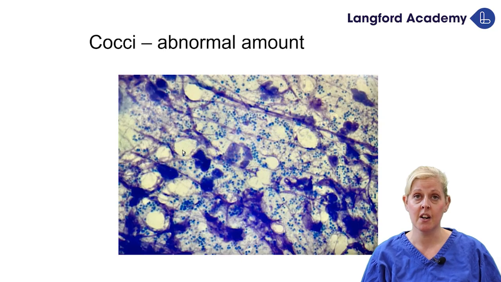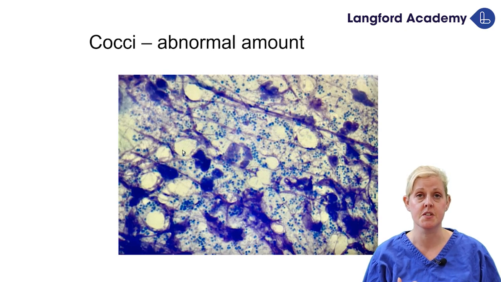This is also an ear. And you can tell straight away that there is a very, very high presence here of cocci. So this would be deemed a severe amount. If you compare this to the slide I showed previously, the difference is vast.